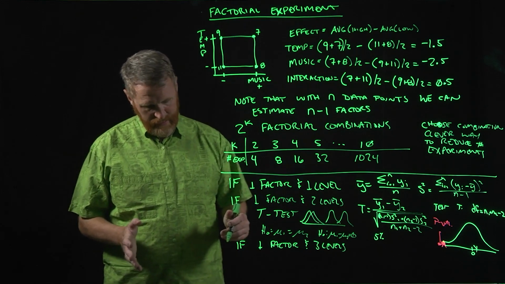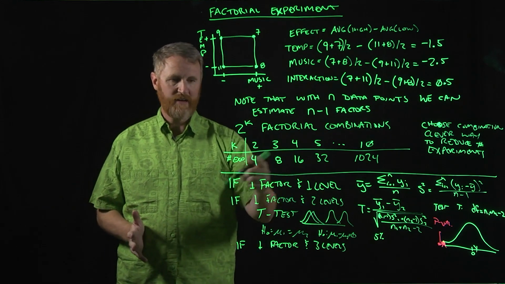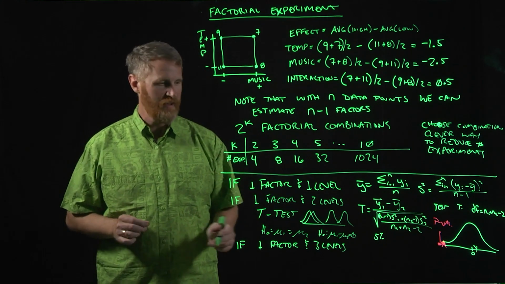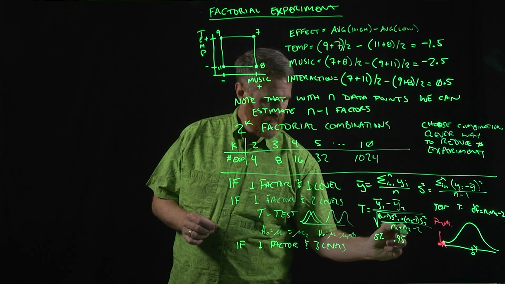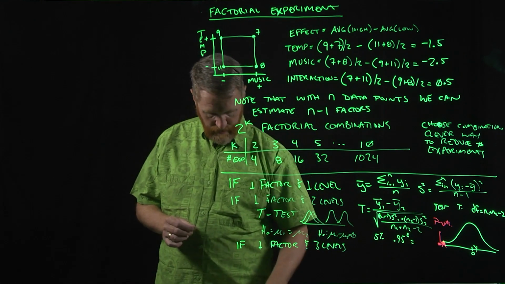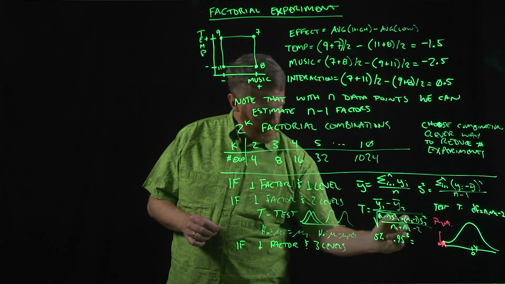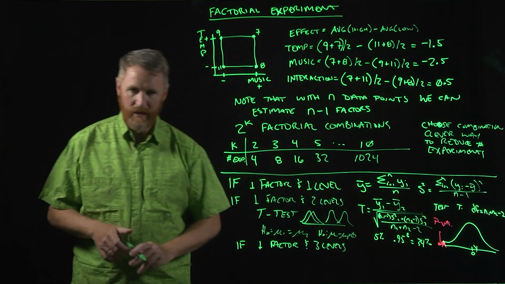So let's say I tested 8 combinations of those variables. Like I had 3 factors, I'm testing 8 combinations to see if any of them are different. Well, that would be like 0.95 to the 8th power, which ends up resulting in a 34% chance of error. And you can work that math out if you like.